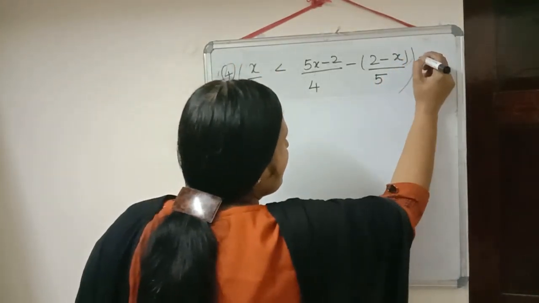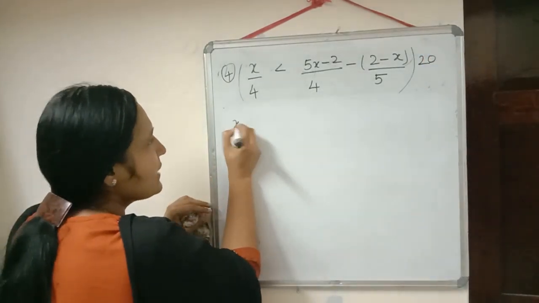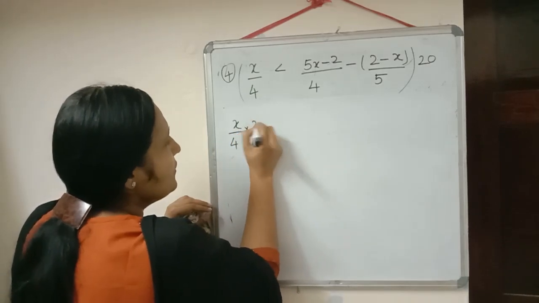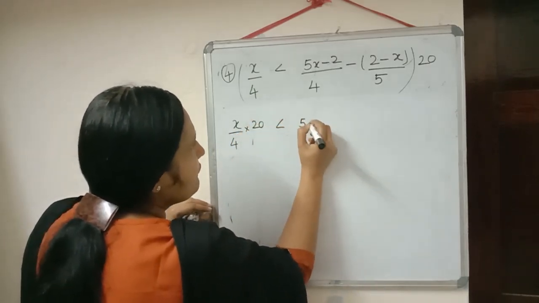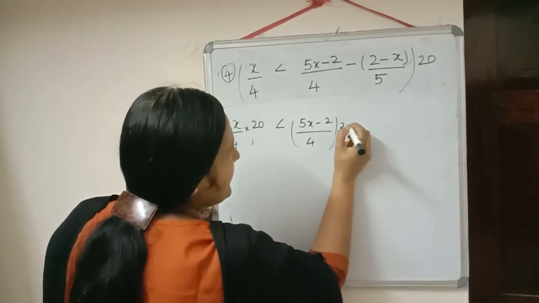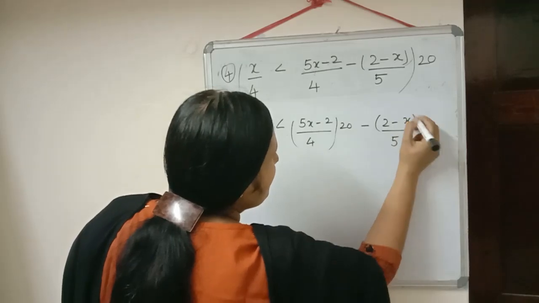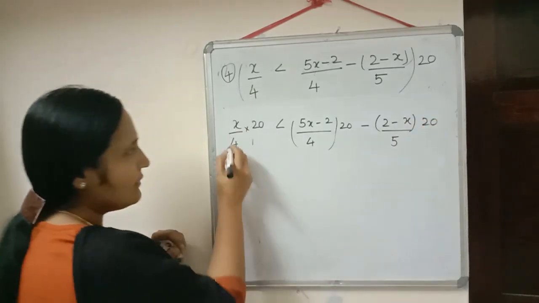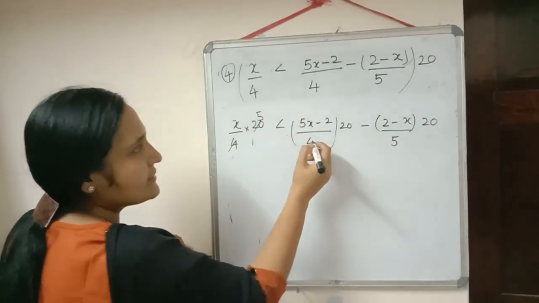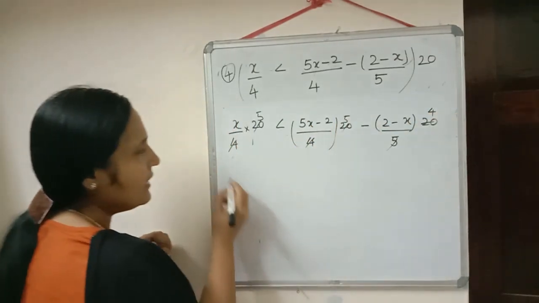Then x by 4 into 20 less than 5x minus 2 by 4 into 20 minus 2 minus x by 5 multiplied by 20. Then 4 5s are 20, here we can cancel, then fractions will not come. That's why we multiply by the LCM.